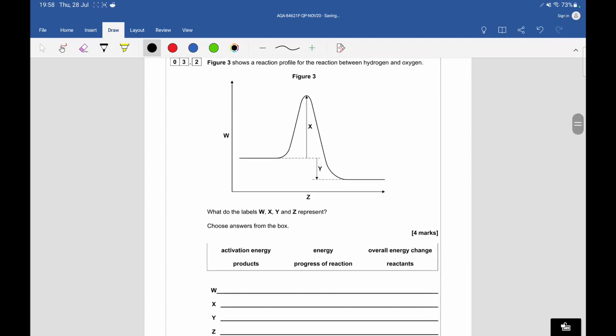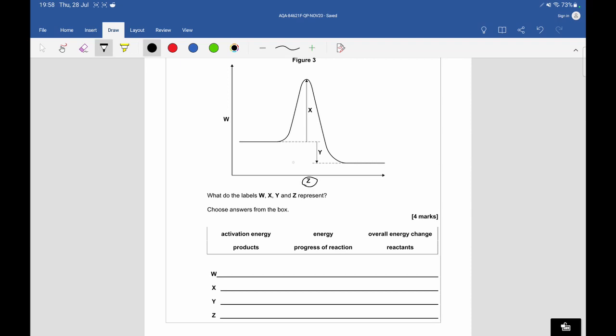Question 3.2 asks you to look at the reaction profile and add labels to each of these things. You should know what these 4 labels represent, because you will have been over these a number of times when you did activation energy and these reaction profiles in your lessons. You should know that Z is the progress of your reaction.